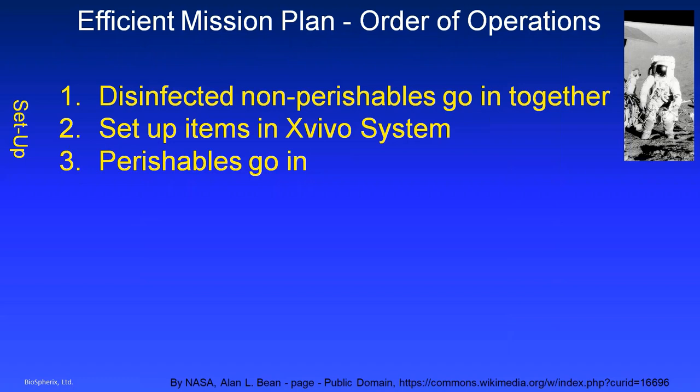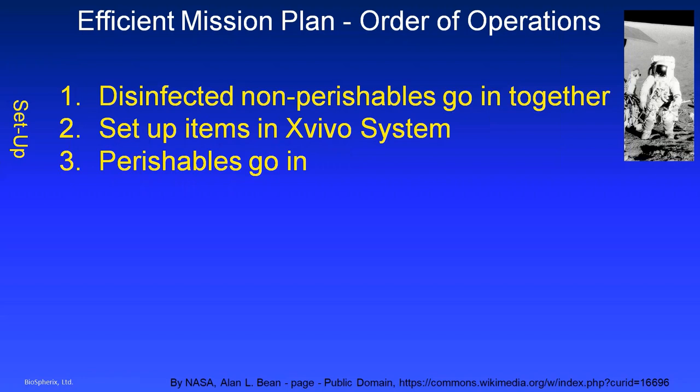So if you plan your process, we have found that every process takes this sort of general shape. First of all, you have your setup. You have your disinfected non-perishables that can go into the Xvivo system. They can even go in the night before. Get them all set up. Things like flasks, things like pipettes, things like other materials that are not temperature sensitive.